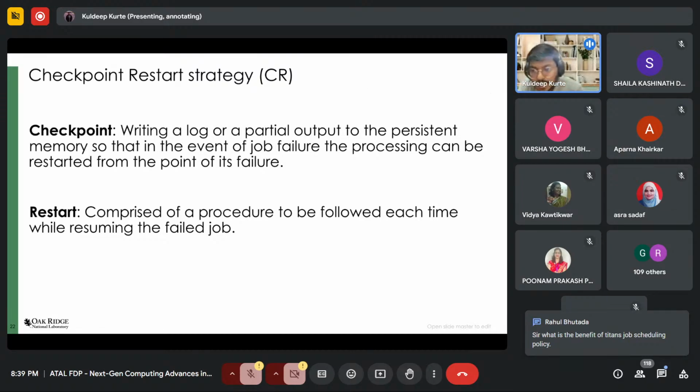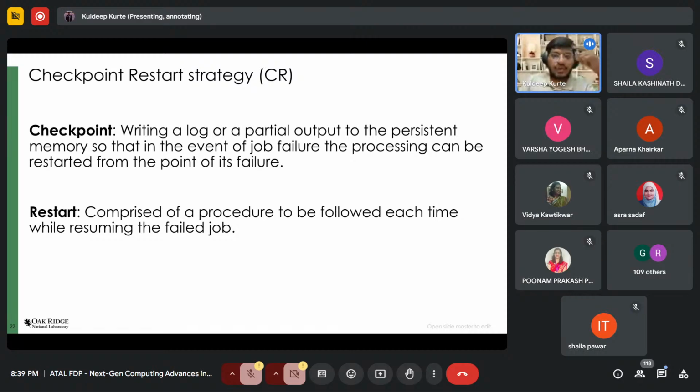Basically, Mr. Rahul is asking what the benefit of Titan's job scheduling policy is. One particular point is that the Titan supercomputer is a shared resource, correct?